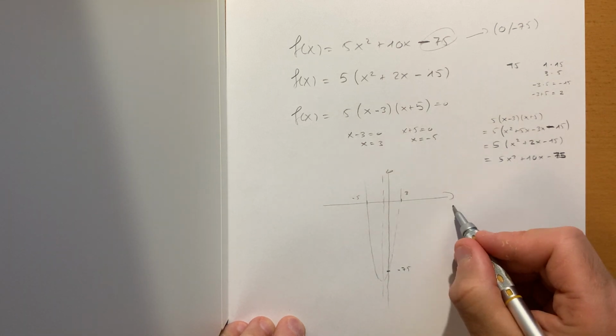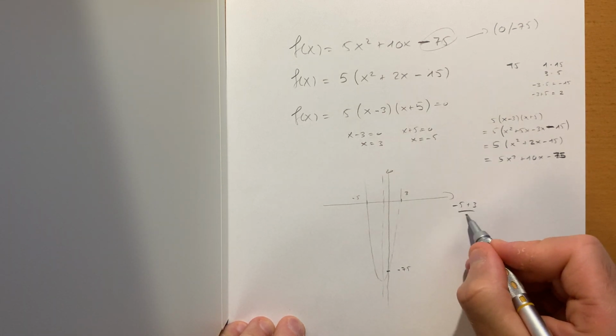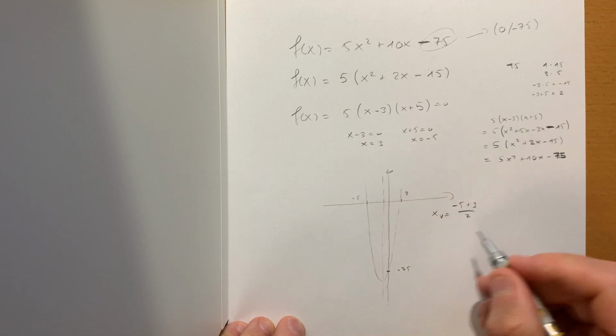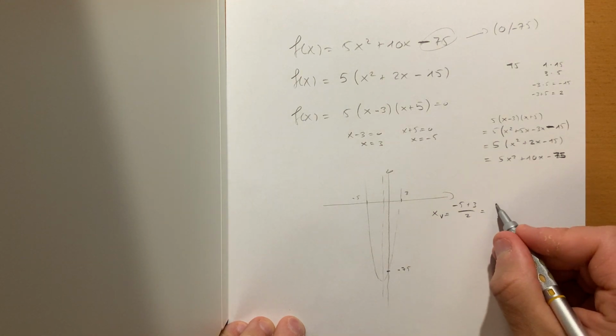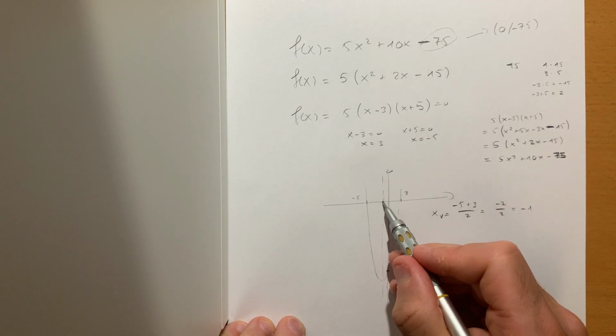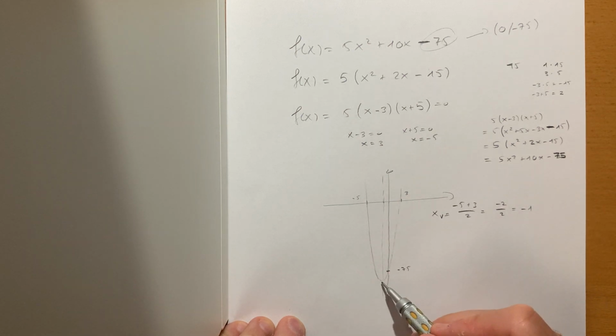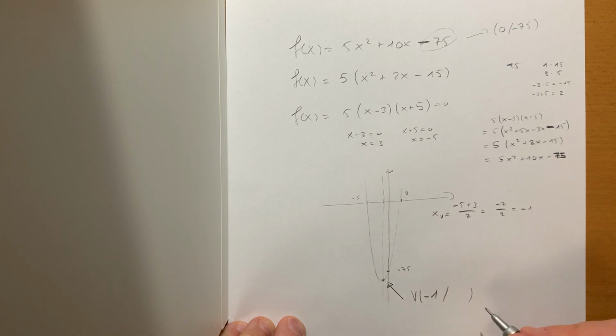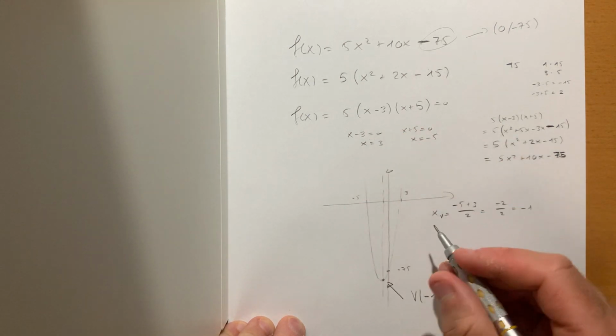Minus 5 plus 3 divided by 2 will be your xv. So it's minus 2 divided by 2, so it's minus 1. At minus 1, you'll find your vertex. You need to work out the y value, so you plug it in here.